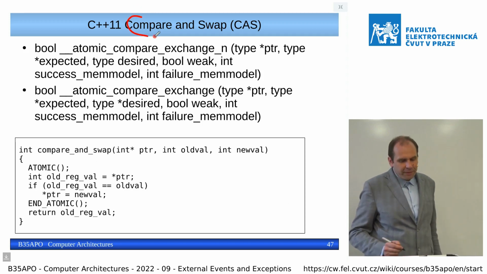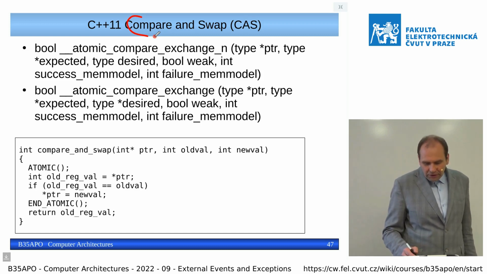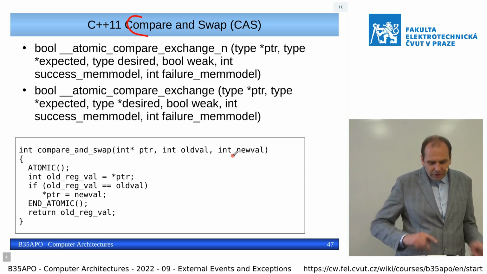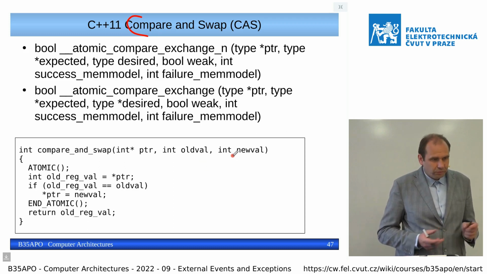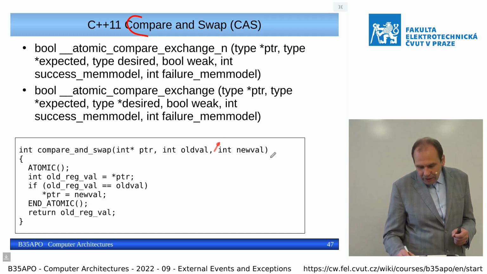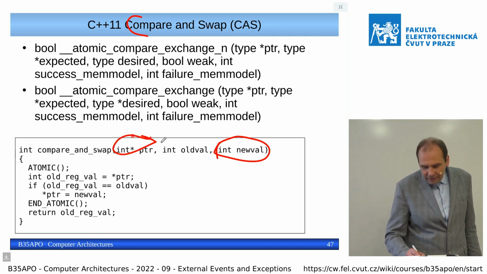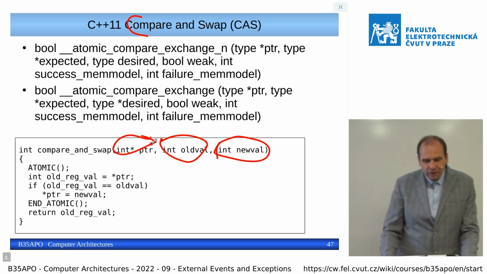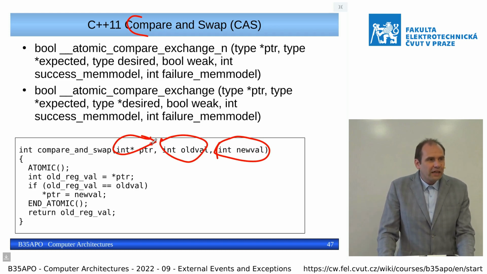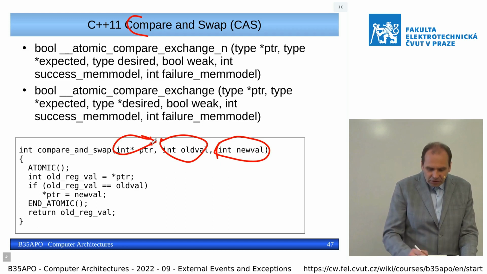The compare and swap operation allows you to first load the value from the memory, do some processing with that value, for example, add one, and then say, I have a new value which I want to store to that location in the memory. And if there is still the previous value for which I have done the processing, then in this concrete case, store the new value to that location.